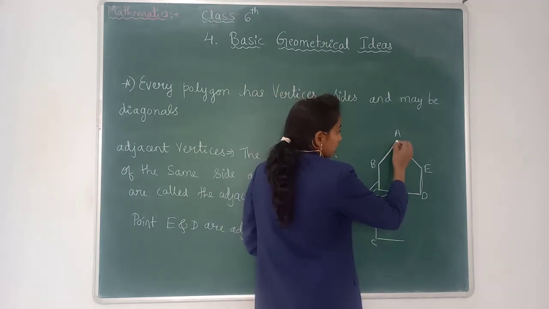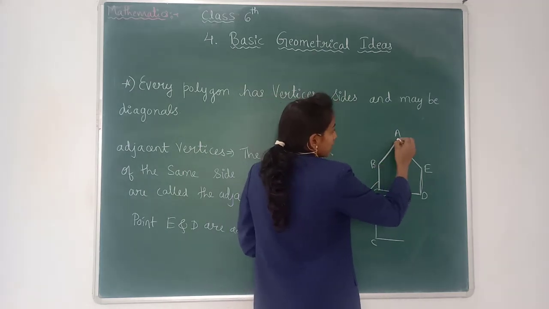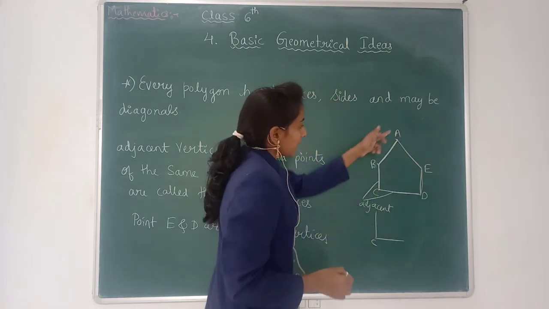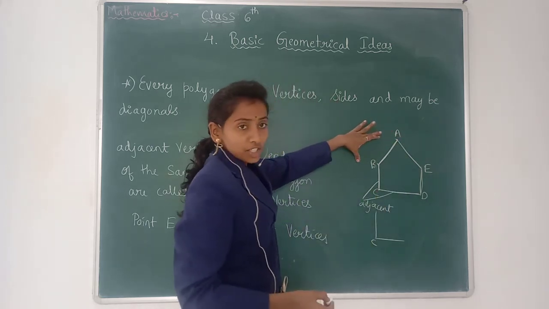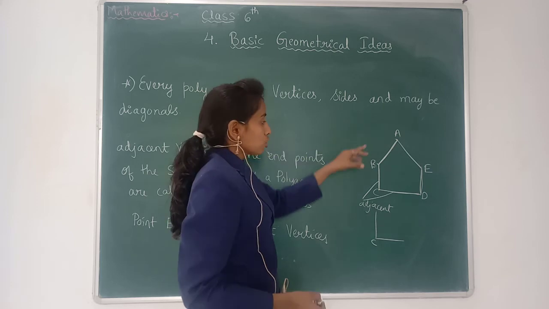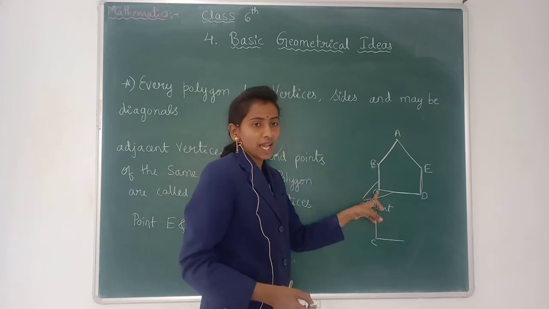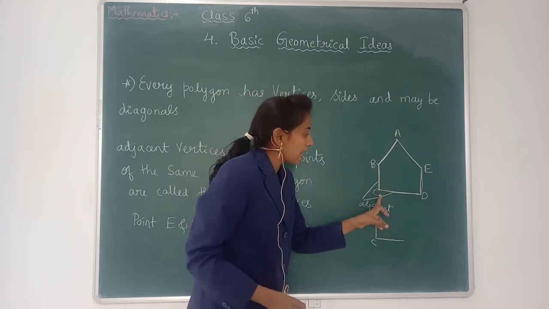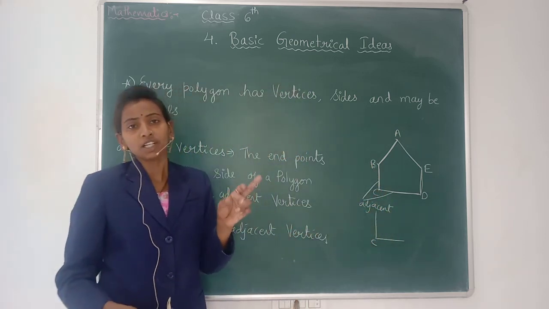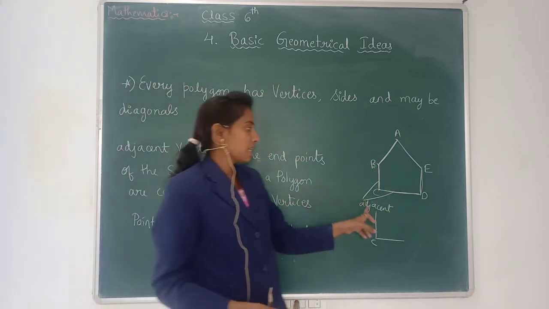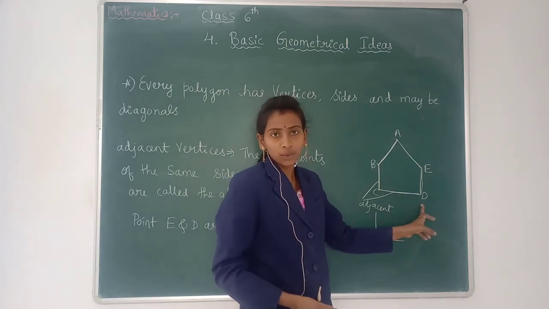Here we have taken side AB, the end points are A and B. So A and B we call adjacent vertices. Consider side BC, it has end points B and C. So B and C we call adjacent vertices. C and D are adjacent vertices.